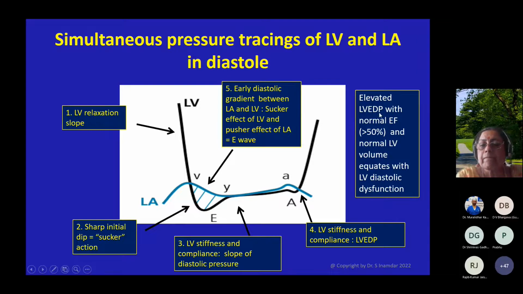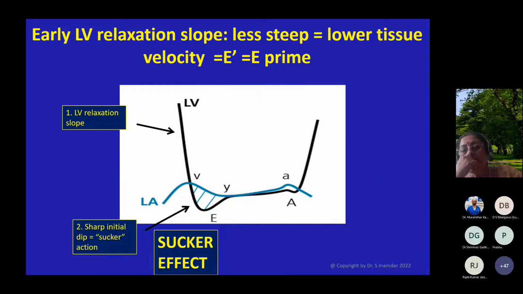So elevated LVEDP with normal EF and normal LV volume, because you know that in systolic heart failure there is an increase in LV volume, but here the LV volume is normal and that equates with diastolic dysfunction.